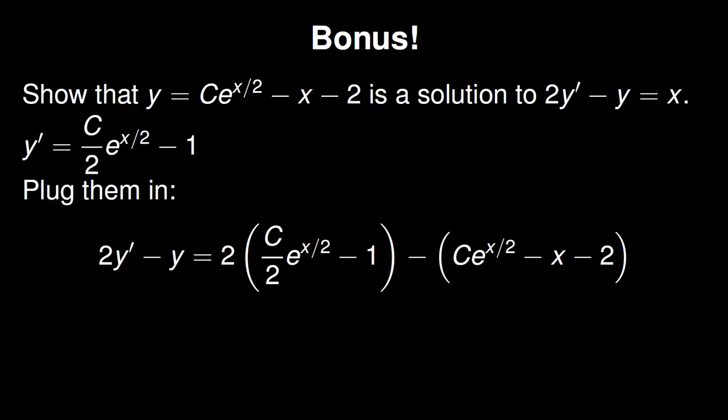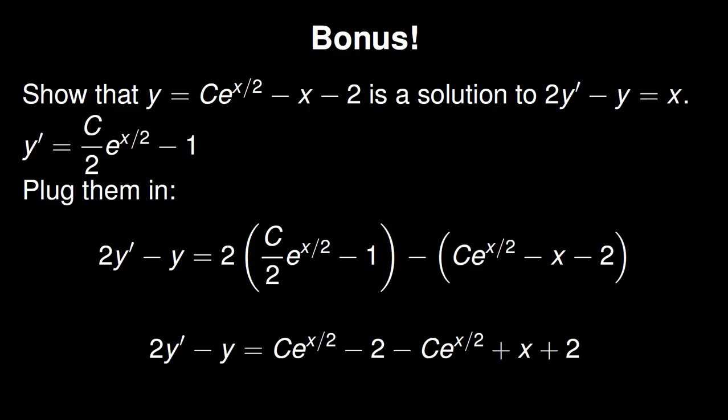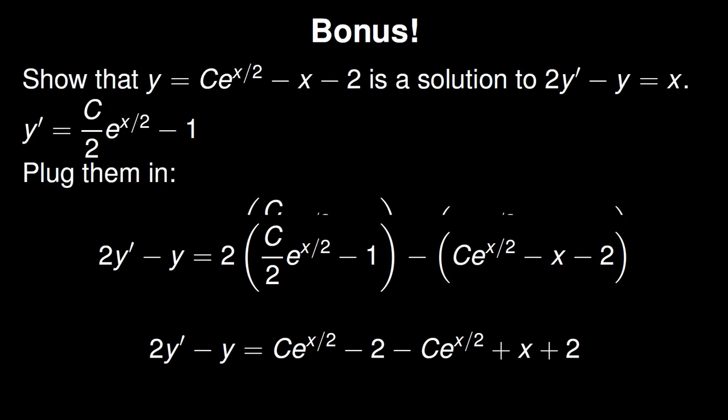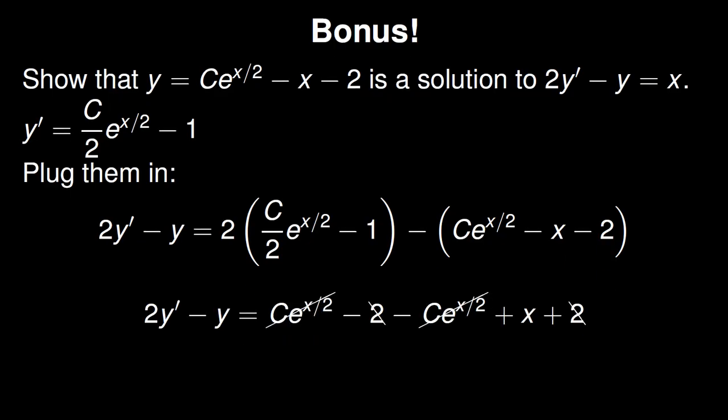And if we simplify this right-hand side, we distribute and remove parentheses. Then we end up with this here, which notice that both of these c times e to the x over 2 terms cancel, as well as the constant 2's cancel, and we're just left with just x, which was the original equation, which means that both sides were equal on this full interval of all values of x.